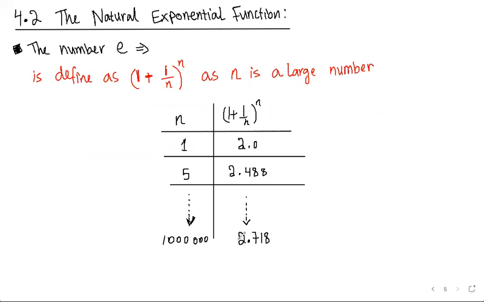This is the value for e. So I can say now, e is approximately 2.718. This is what you have to know. The value for e is 2.718.